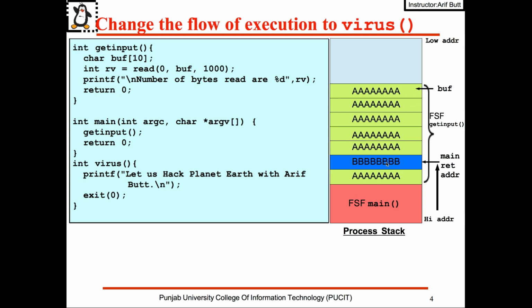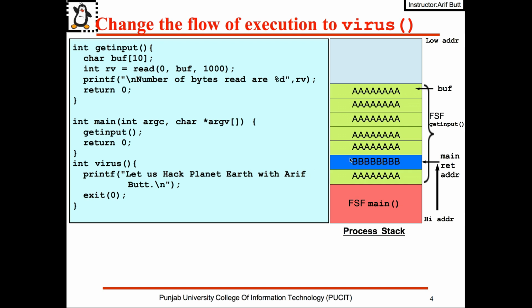Now, if the user has given this input to the program, the number of bytes read by the read system call will of course be displayed on the screen, that is, this line will be executed. And then this get input function will try to return. It will try to return to this corrupted address, which is of course not the address of the next instruction inside the main. Rather, this address might not be a valid address inside the code section, and we get a segmentation violation and the program crashes.